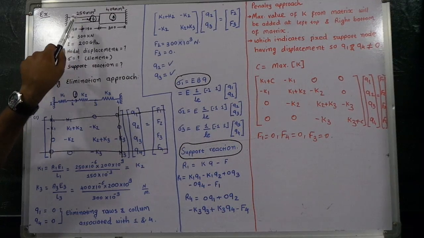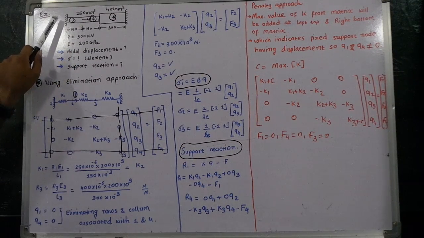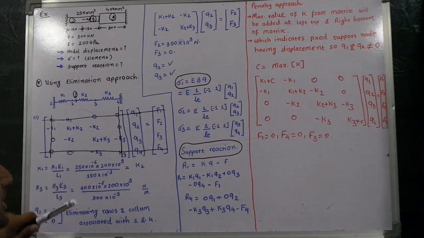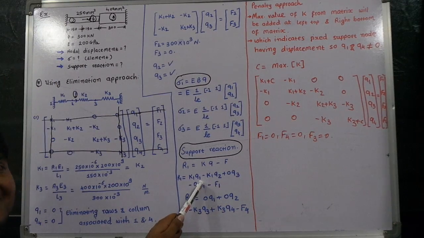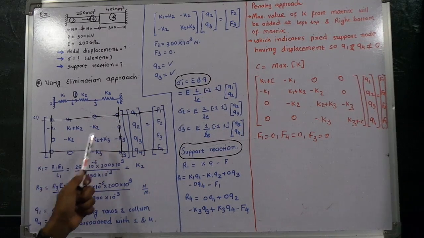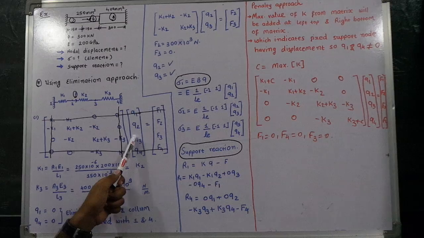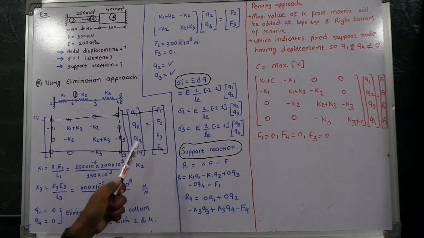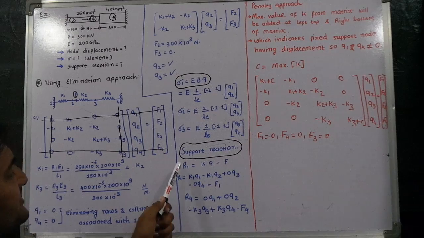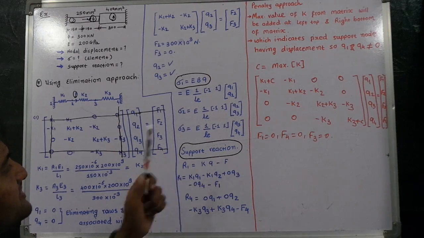So how much reaction will be provided? The reaction will be in the opposite direction of the force acting on the body, and that should be found out using this equation. In the same manner, R4 will be 0 into Q1 plus 0 into Q2 minus K3 into Q3 plus K3 into Q4 is equal to minus F4, which is equal to R4. So it is just from the equation R is equal to KQ minus F.